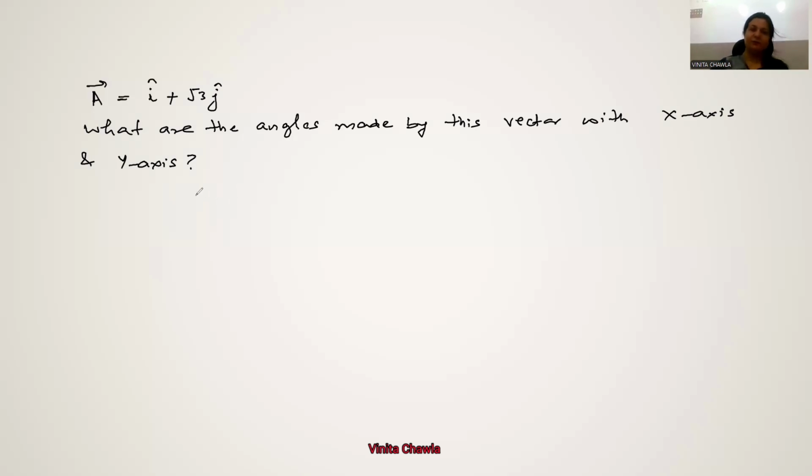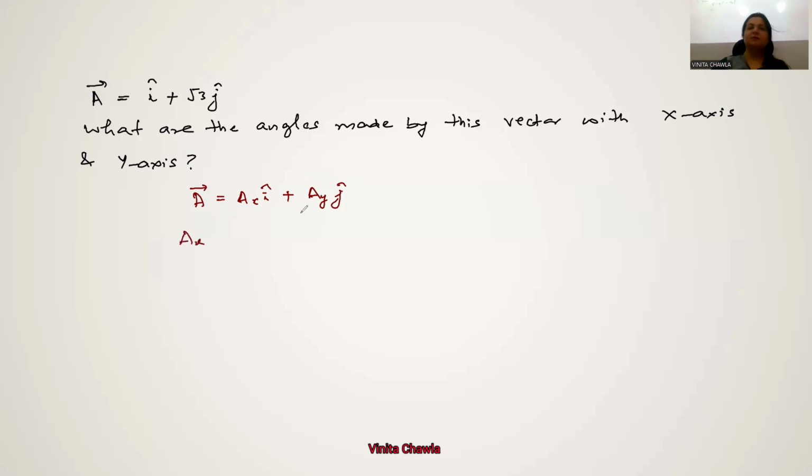How do we write a vector? Ax i cap plus Ay j cap. This is how we write. What is the value of Ax?